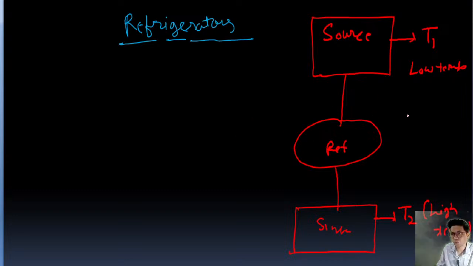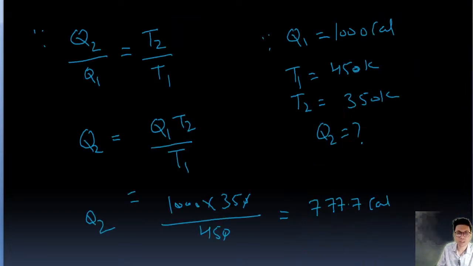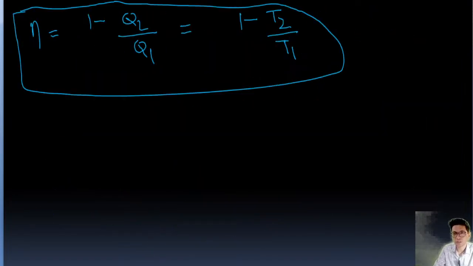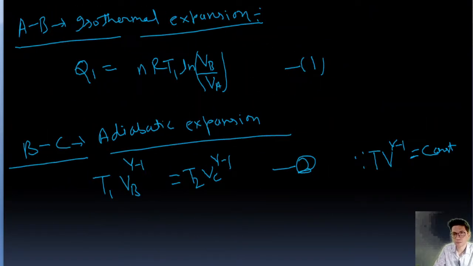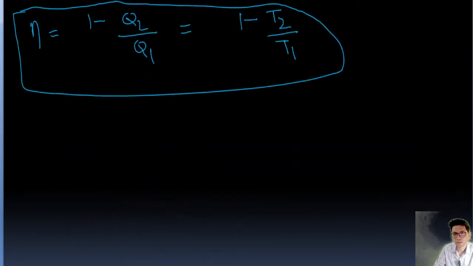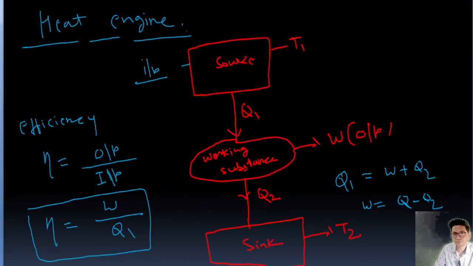And here we can see T2 is greater than T1. In case of heat engine, here T1 is greater than T2, guys.